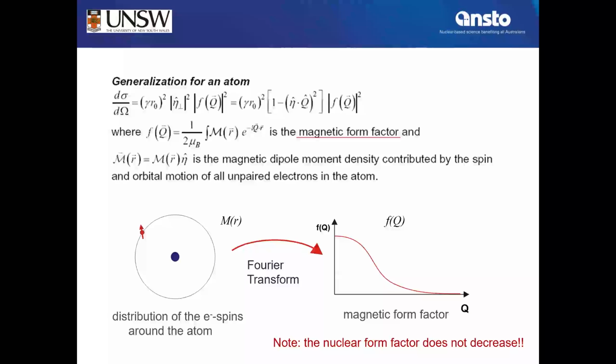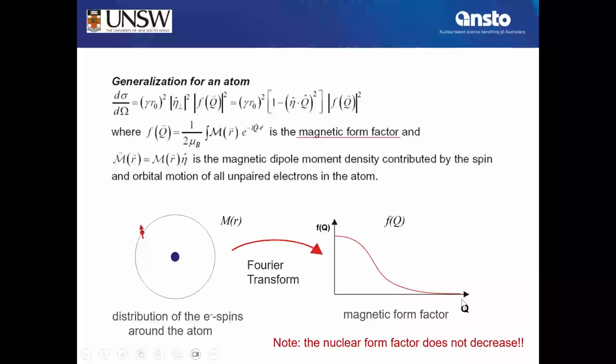One more consideration. We have also a magnetic form factor. That's coming from the fact that the electron spins are nothing else than a charge cloud, orbitals around the atoms. The most simple orbital is a sphere, and the Fourier transform into K-space gives a decaying function, the magnetic form factor.